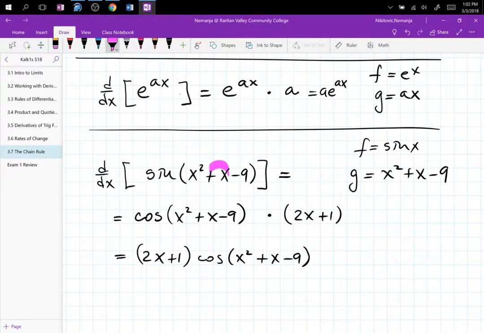So g, g, g. It has to stay plugged in. So this over here is f of g, this over here is f prime of g, and this is just g prime. You see that g is still plugged in.